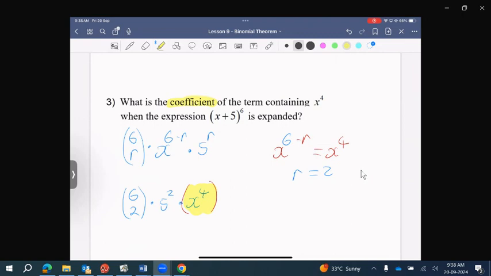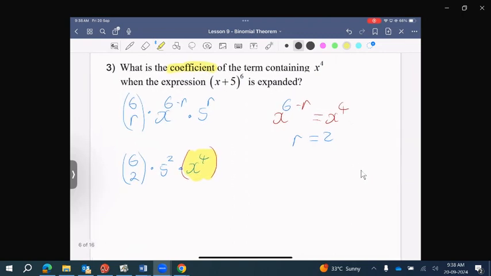So let's find the combination number next. 6 choose 2 is equal to 6 factorial over 2 factorial times 4 factorial. That's going to be 6 times 5 times 4 factorial over 2 times 4 factorial. I'll take the 4 factorial because that's bigger than the 2 factorial. These cancel.